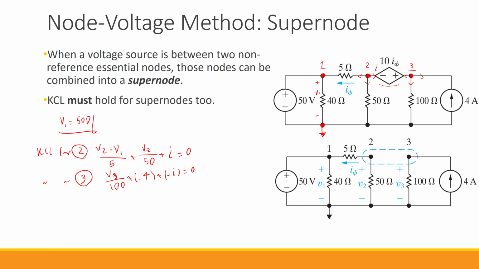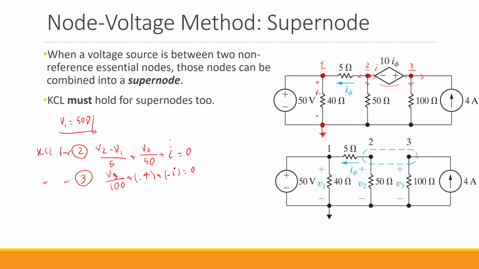No, because we have V2 and V3 as unknowns. We also have this additional I that we don't know what to do with, because we don't have any equation that shows the relationship between the voltage of this voltage source and the current that goes through it.